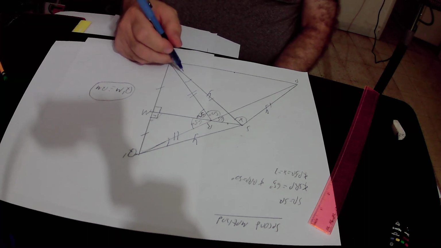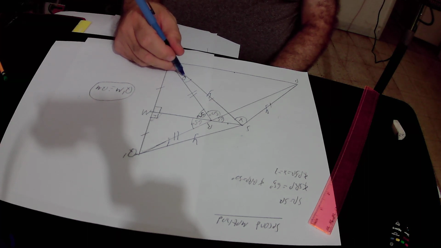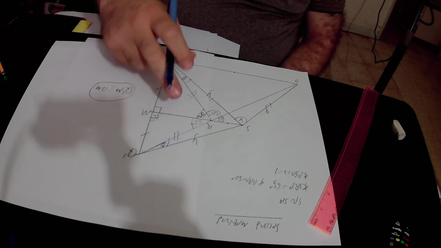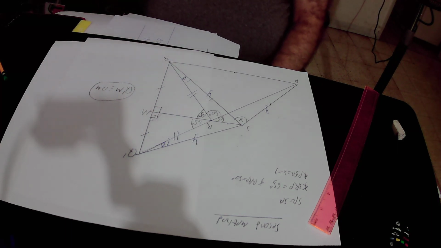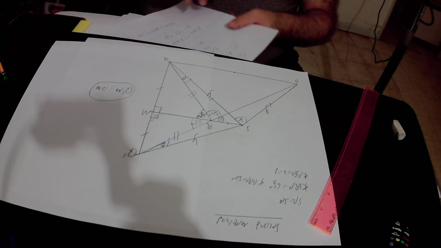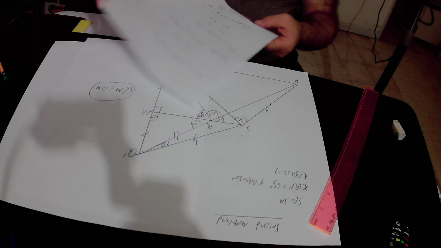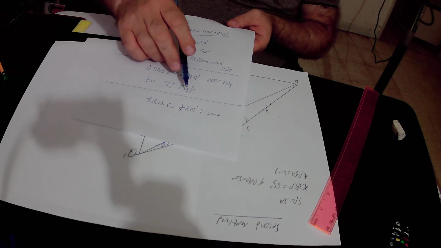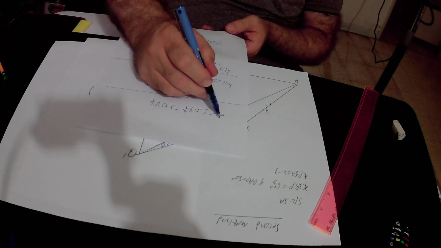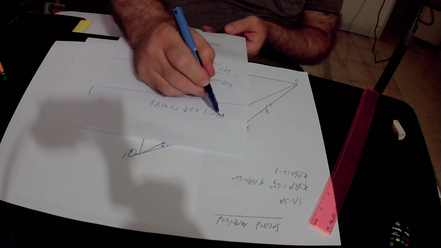And if we define one angle as theta, then the other angle will also be equal to theta. So angle RQS is equal to angle RQS dash, and both angles are equal to theta according to our definition.